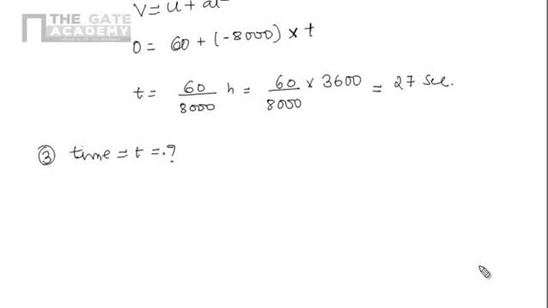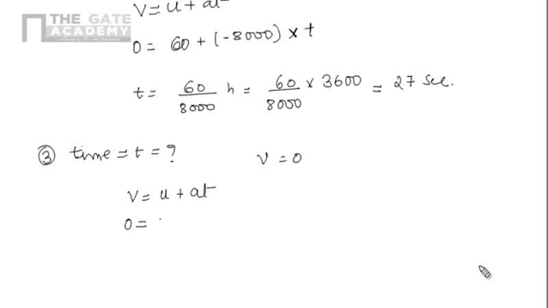Means we want to know the time interval where the distance traveled by the train will be 25 meter. Means initially the distance traveled by the train will be 200, and finally it will be 225. So here we are interested in the time taken by the train when the speed will decrease from 20 km per hour to 0 km per hour. So our final speed will obviously be 0. So again we have to apply the same thing, v equals u plus at.